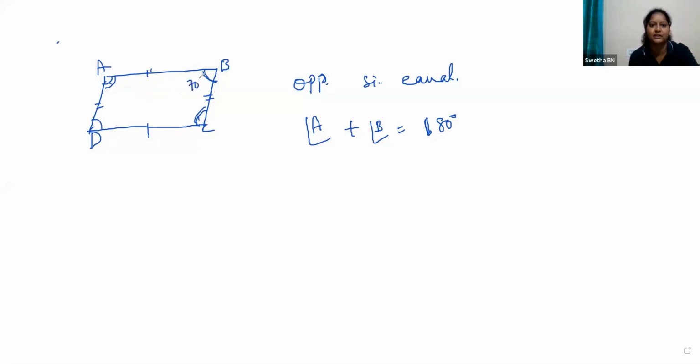If it is 70 degree, what is D here? Ma'am, 70 degree. So what is C? Just now I told you, the sum of the adjacent angles will be 180.